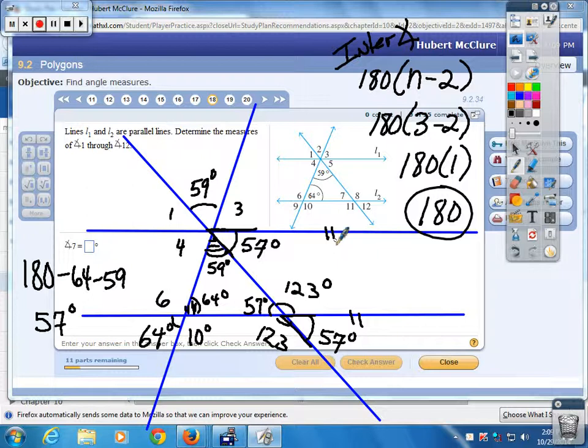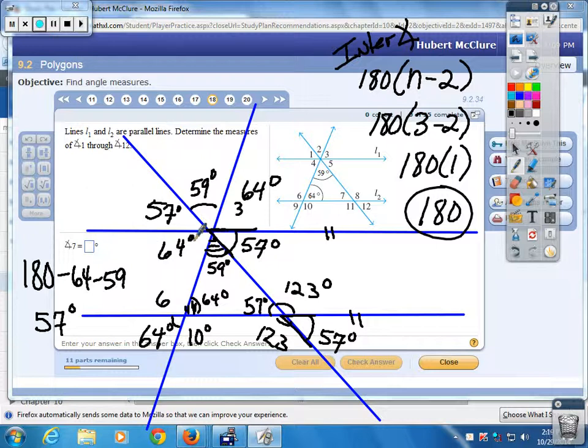Now somebody tell me what angle 3 is. Well, 60 plus 57, that's 100 and what? I can't add those too well. So 117, 116. What's 116 from 180? 64. So that's 64, and that's 64.